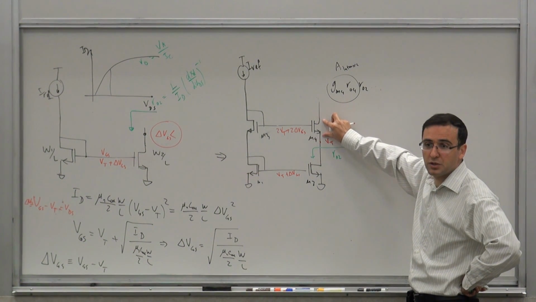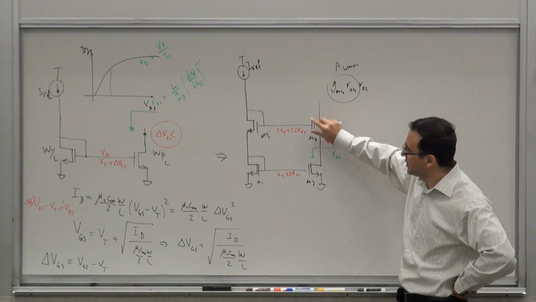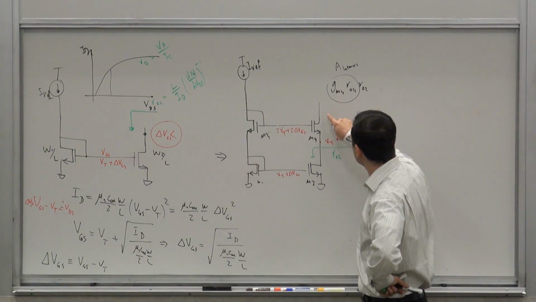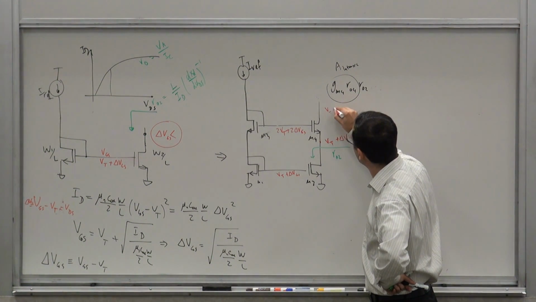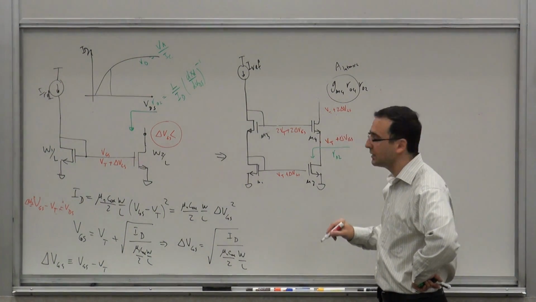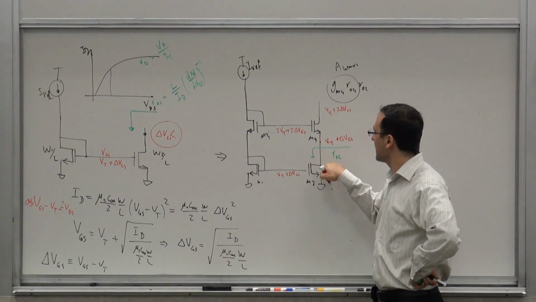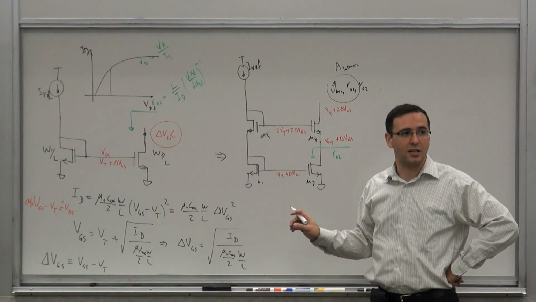What's the minimum voltage you need across the VDS to maintain this transistor in the pinch-off region? It's a delta VGS, right? So this, the lowest it can be is VT plus 2 delta VGS. Correct? In this configuration.